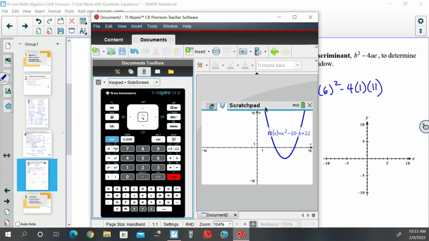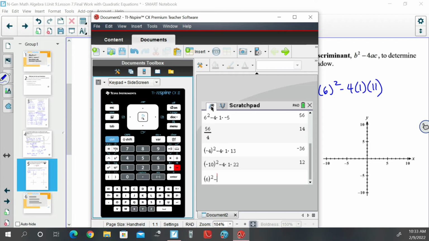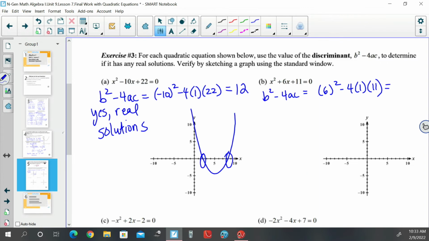I'm typing all of this in and it's doing nothing because I'm not on the right screen. 6 squared minus 4 times 1 times 11. Yep, and that's negative 8. So no real solutions.